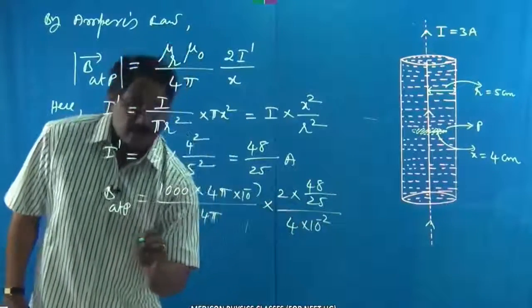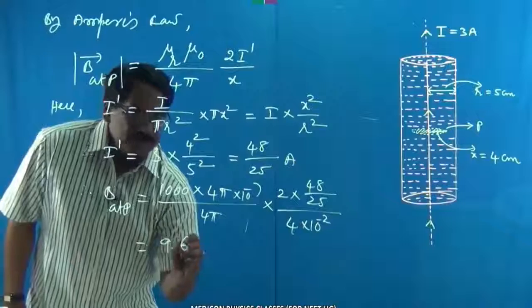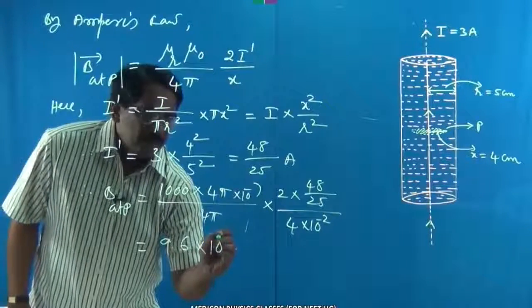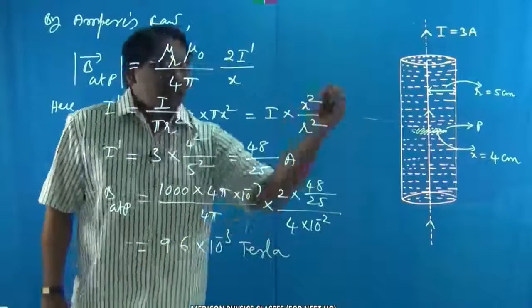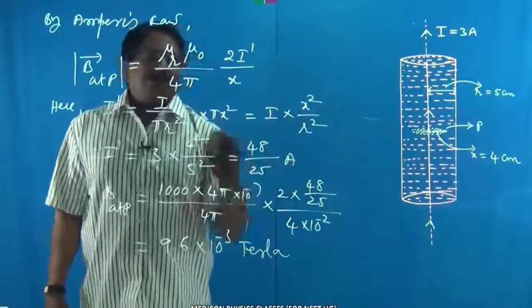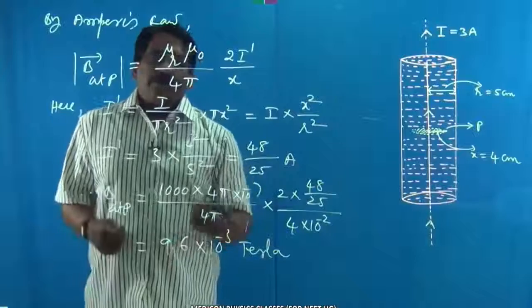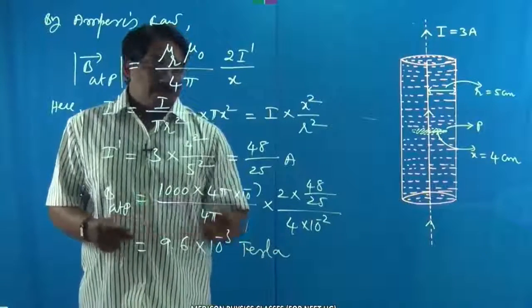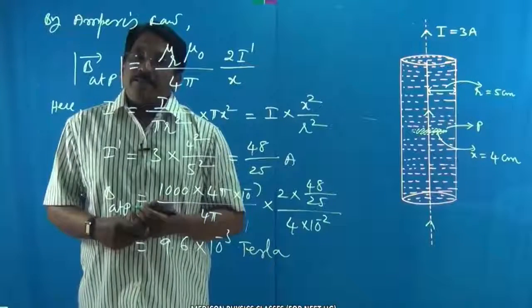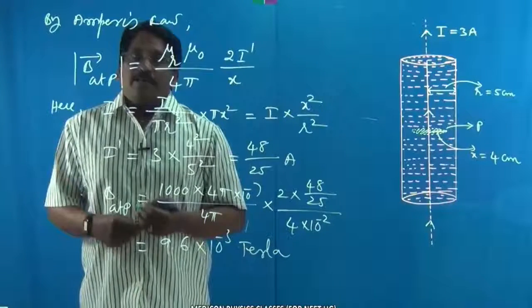And this is equal to 9.6 into 10 power minus 3 Tesla. So the magnitude of the magnetic field induction at the referred point P, which is inside the conductor, is 9.6 into 10 power minus 3 Tesla, and hence option 1 is our correct answer.